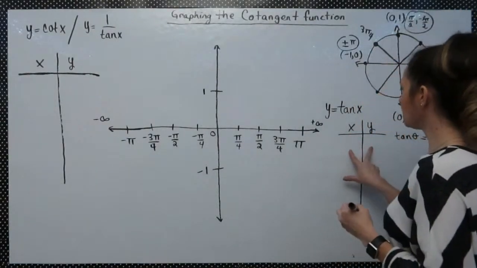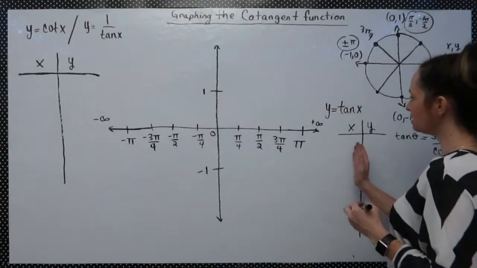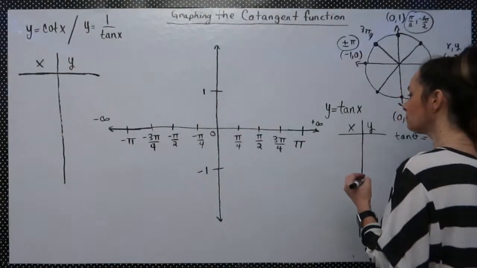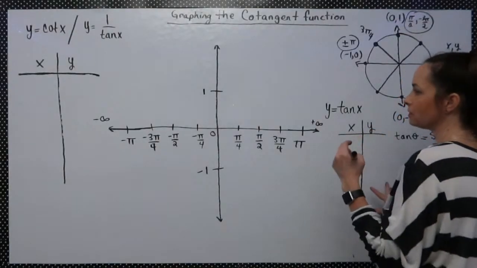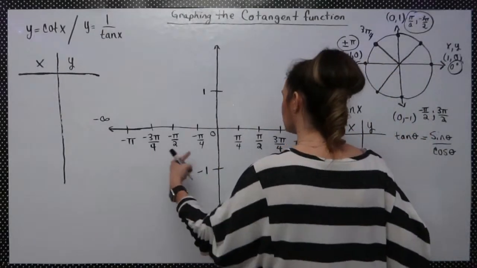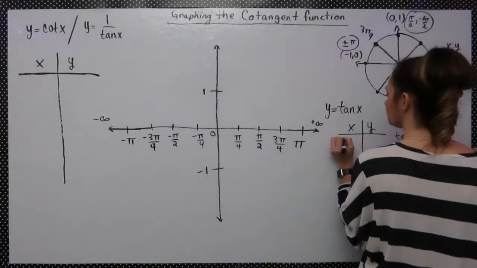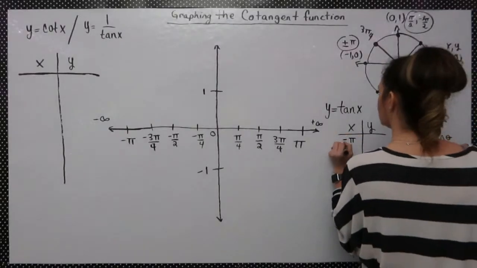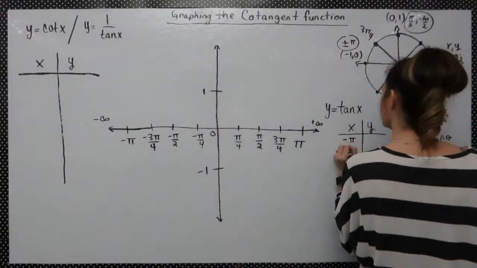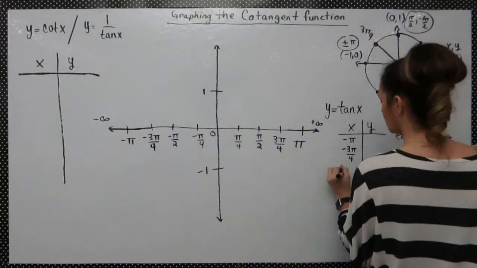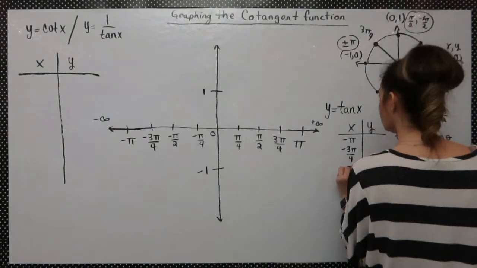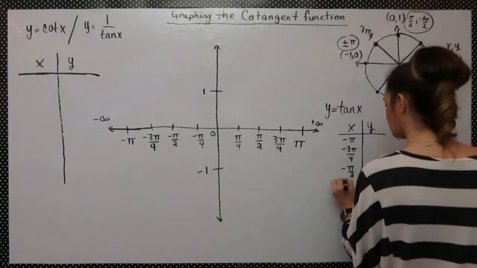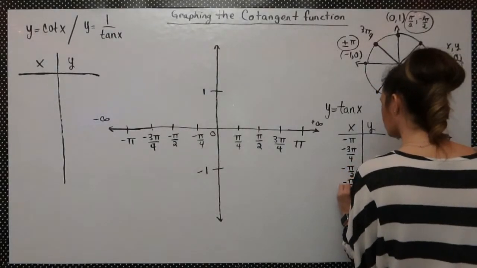All right, so now I need to go ahead and just list the values in my domain that I'm going to evaluate, starting with the least to greatest. So I'll just see if I can fit them in here. Negative pi, negative 3 pi over 4, negative pi over 2, negative pi over 4, 0.